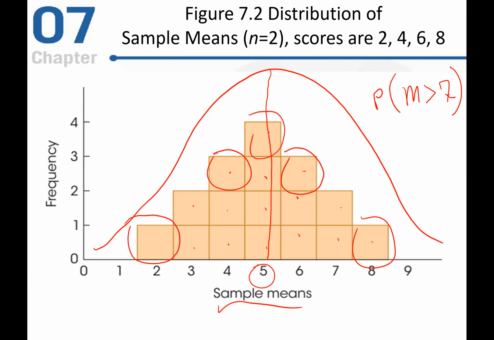There are 16 sample means, so that is the denominator. How many of those sample means are greater than 7? Well, there's only one, a sample mean of 8. So the answer would be 1/16. The probability of getting a sample mean that is greater than 7 is 1/16.